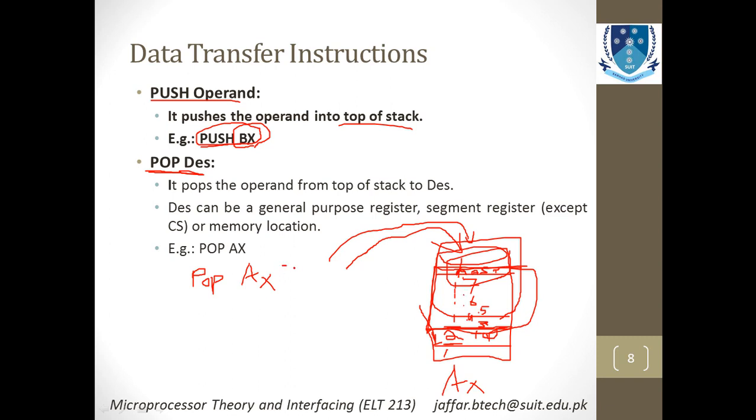You have to apply this command at least 6 times, and after that you will be using another command, pop AX again, and you will be getting your data 2.